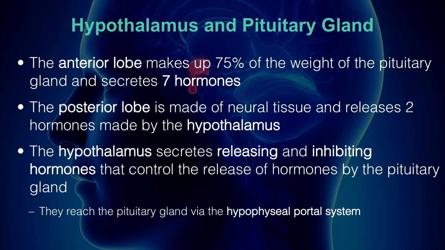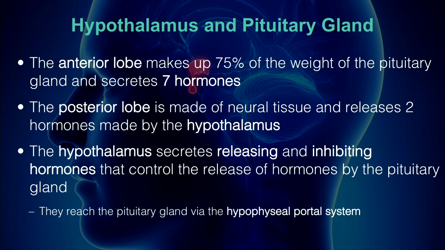But the majority are in the middle of this cascade of events, where an upstream hormone acts on the anterior pituitary cells and prompts the release of a secondary downstream hormone. And this cascade continues throughout the body.